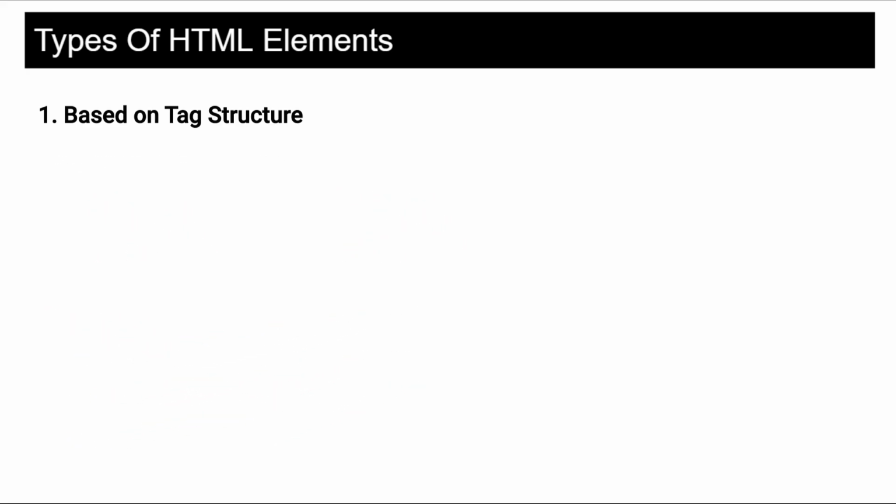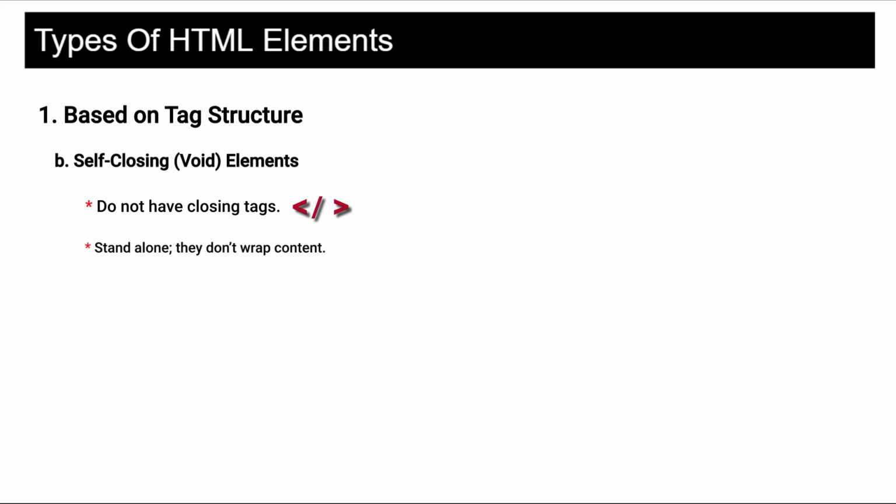So now the second phase is self-closing or void elements. These elements do not have closing tags as the normal one or the container element does. And also they are standalone. They don't wrap any content.